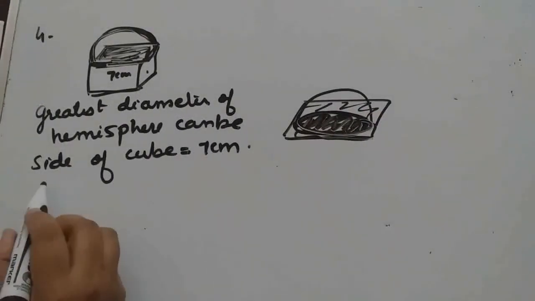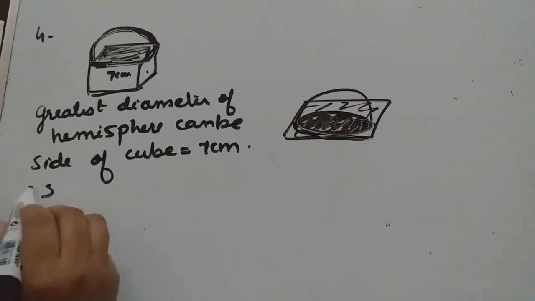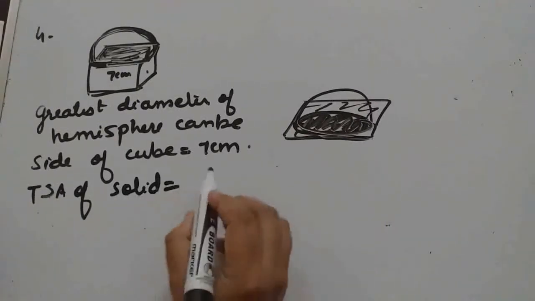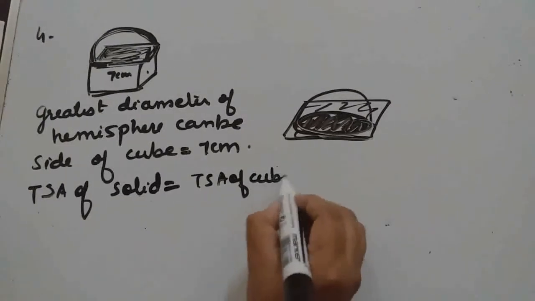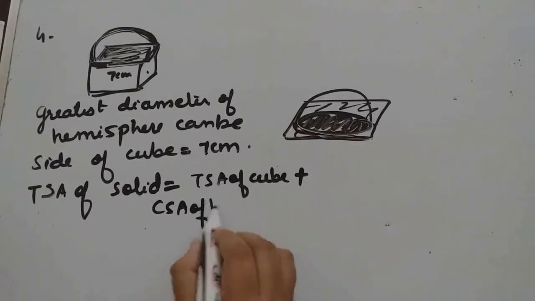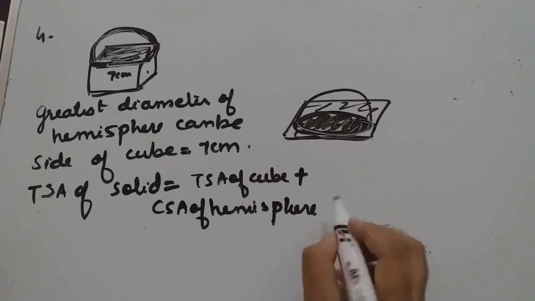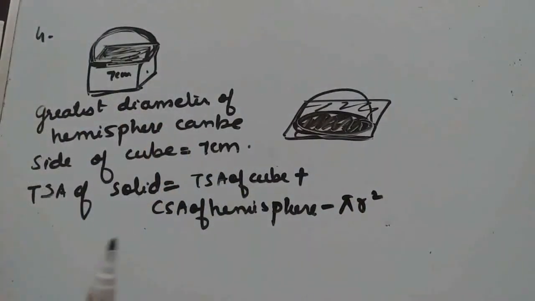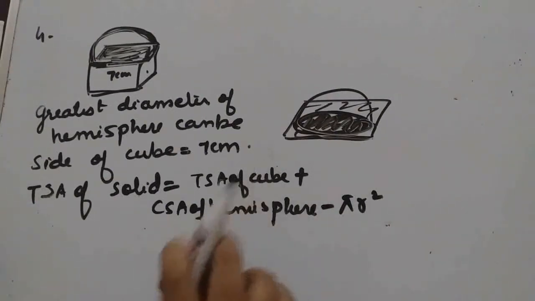So what will be the total surface area of the given solid? It will be TSA of cube plus CSA of hemisphere, minus pi r square, this surface. Okay, but r we know here, r is 7 by 2.